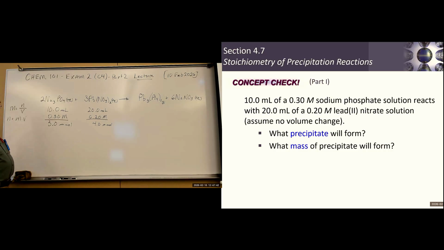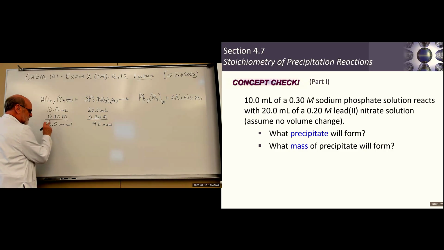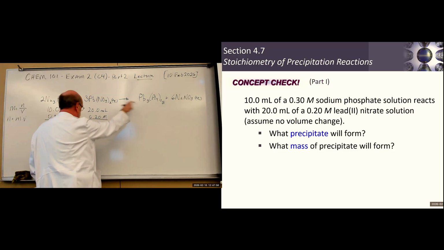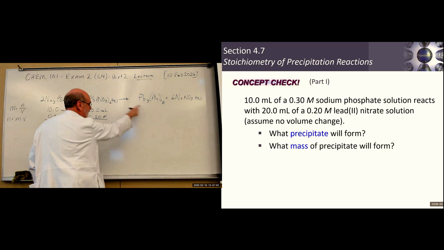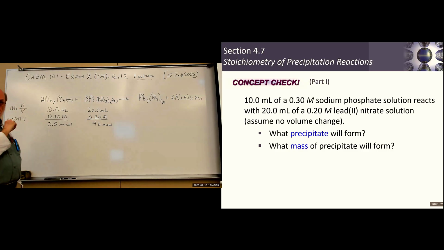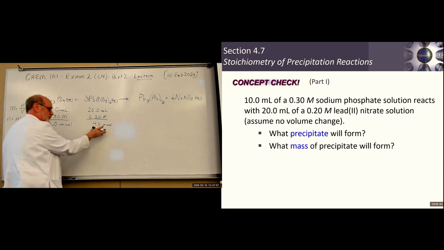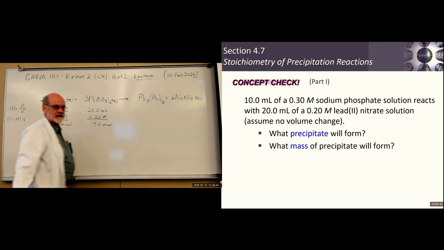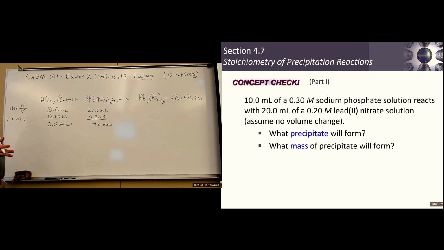So one of the surefire ways is to say, if I take this 3 millimoles and I make this all into that, how much does it give me? But if I use all of this, how much does it give me? And the one that makes the least amount is the limiting one. Okay. All right.